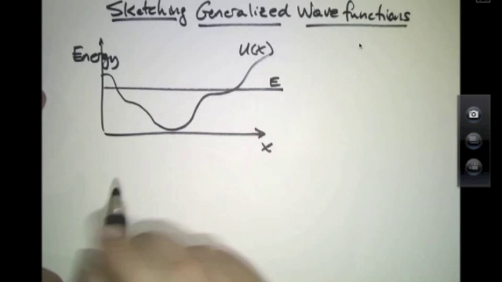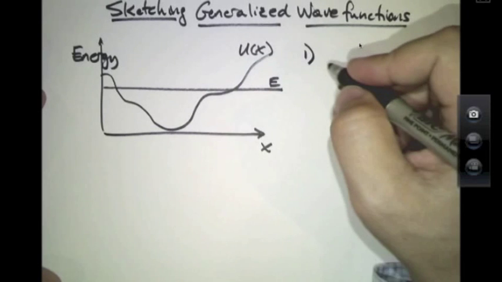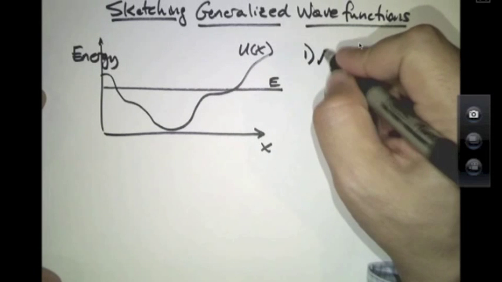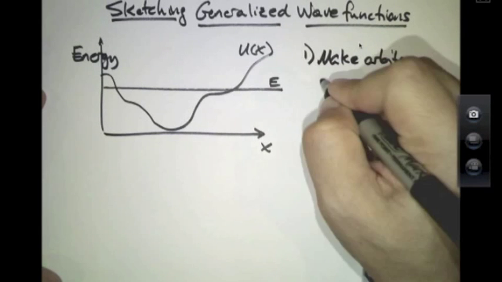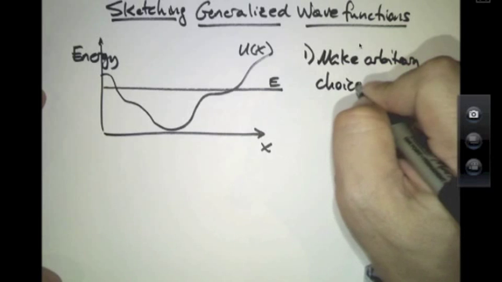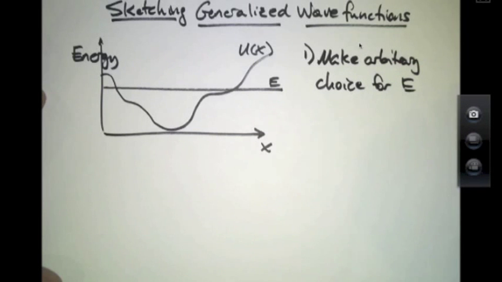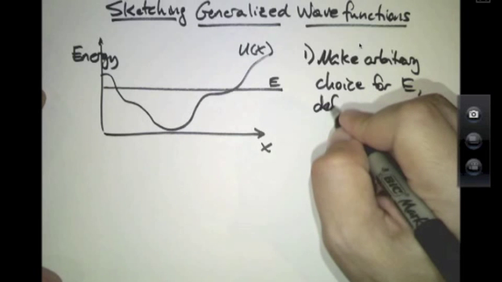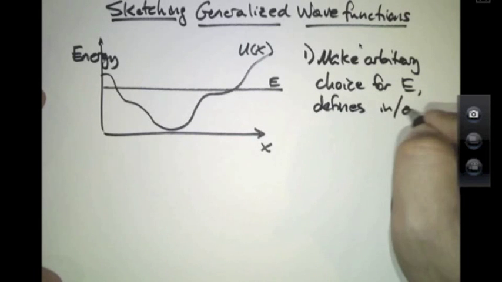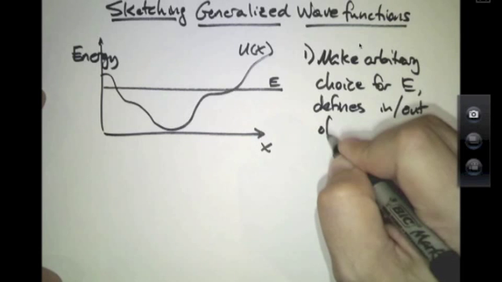So as a general strategy, it's best to start with making an arbitrary choice for the energy E, and this defines inside and outside of the box.